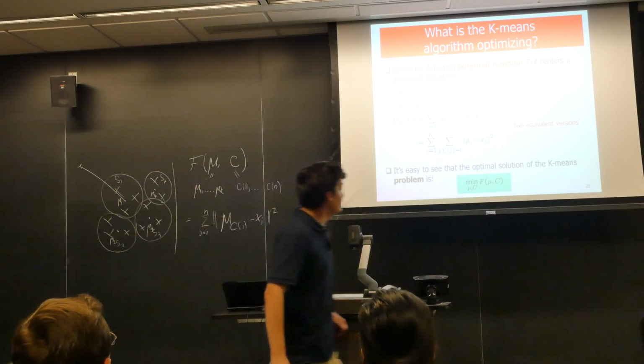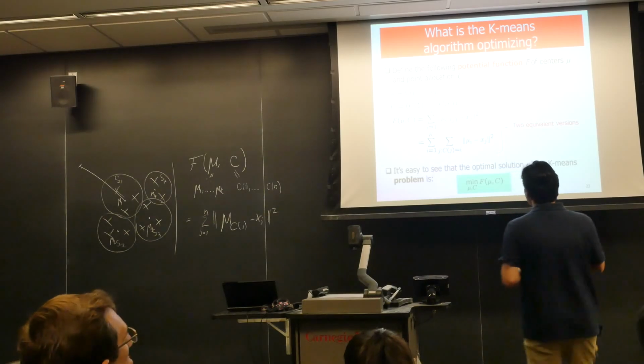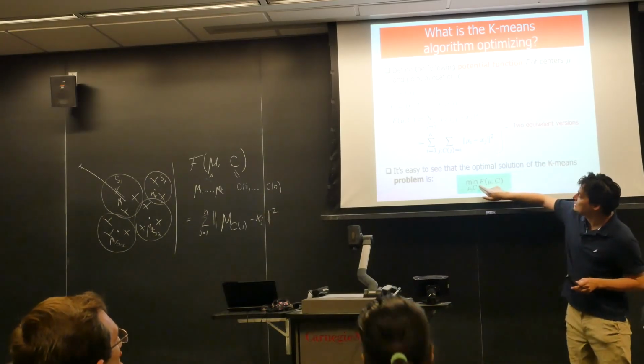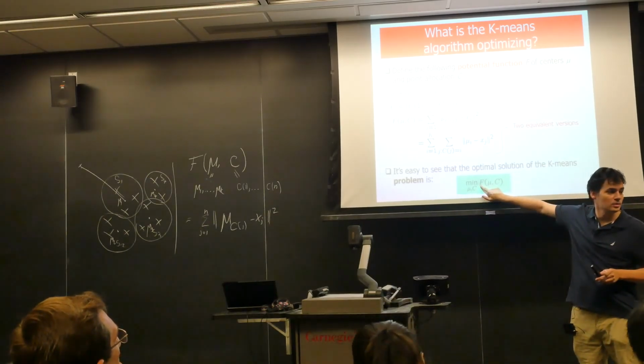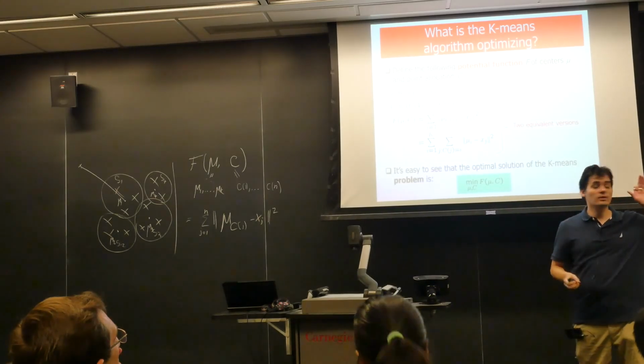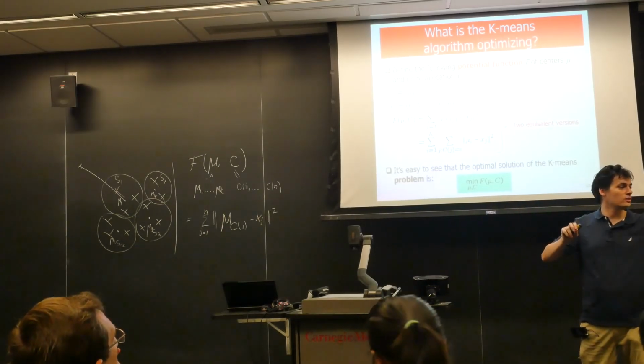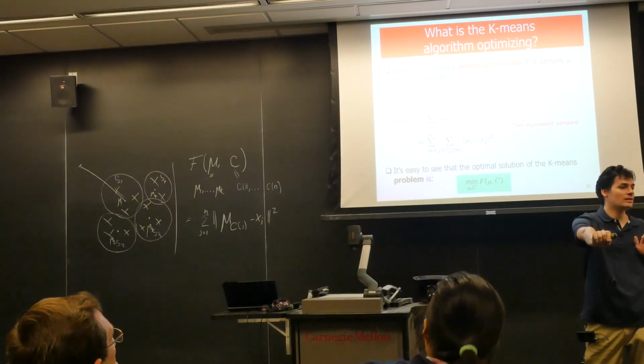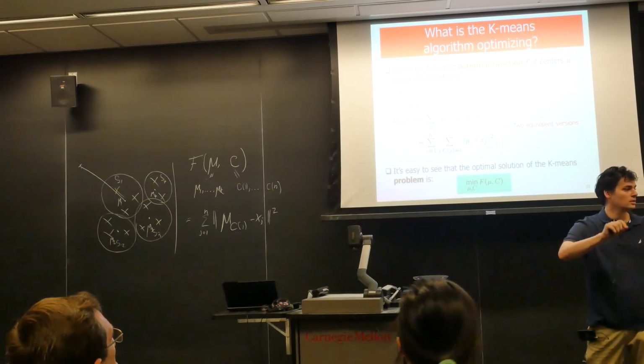What we can see is that the k-means algorithm minimizes this potential function f of mu and c in such a way that, in the first step, you fix c and minimize over mu. Then you fix mu and minimize over c. Then you repeat these two steps.